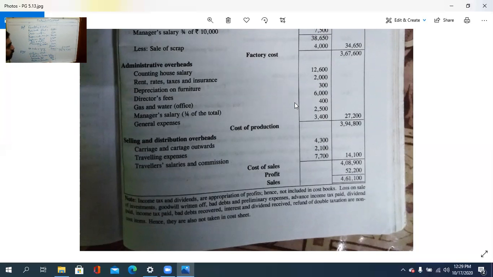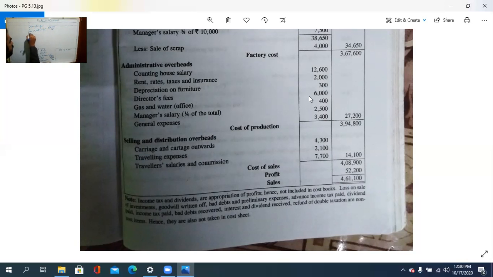Then directors fees, that is there in the office, isn't it? So 6,000. Then gas and water. Factory is there, office also there. So gas and water office 400.